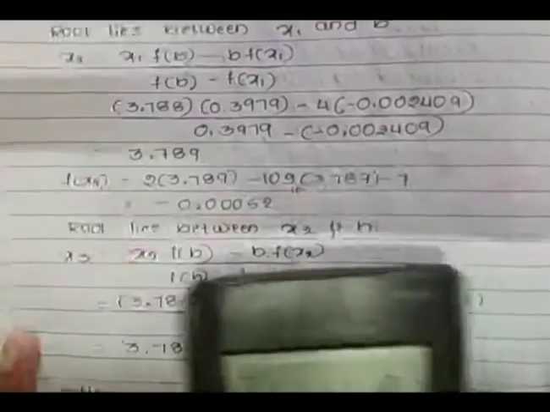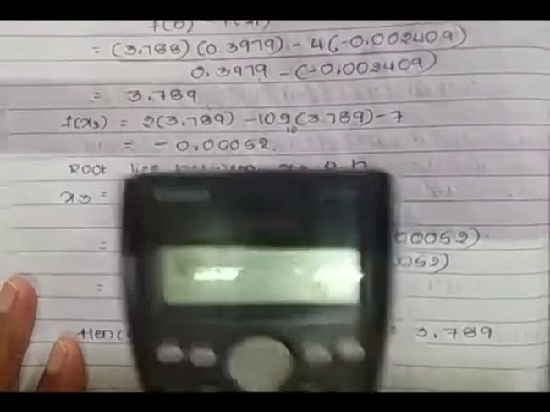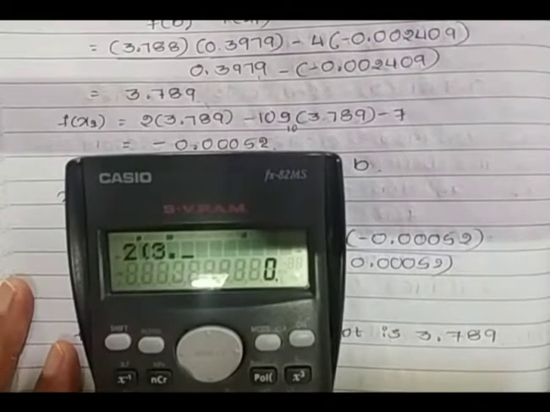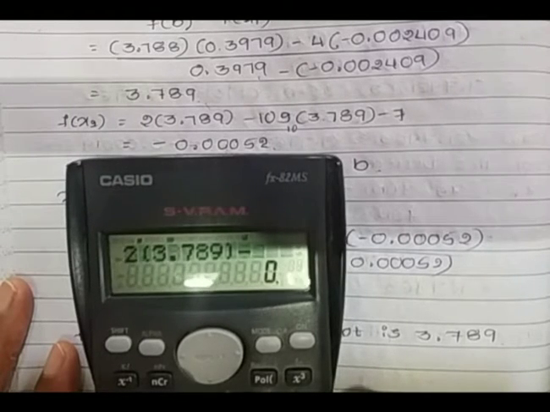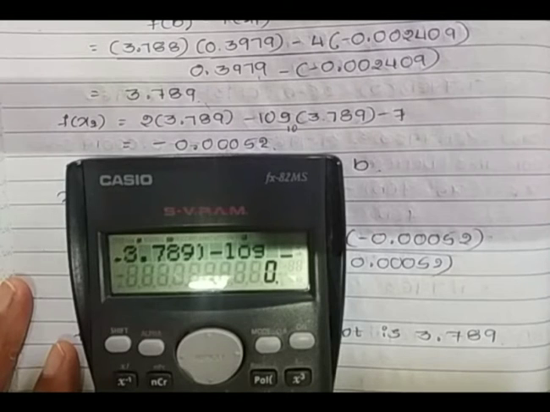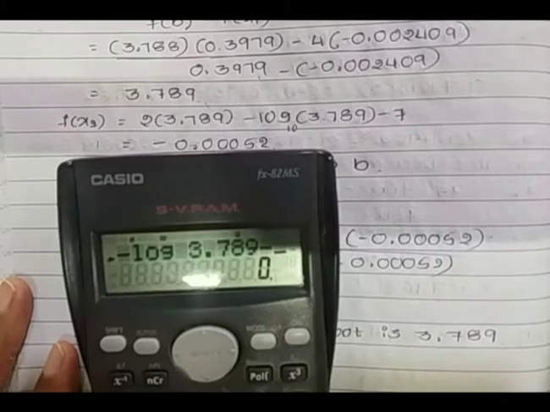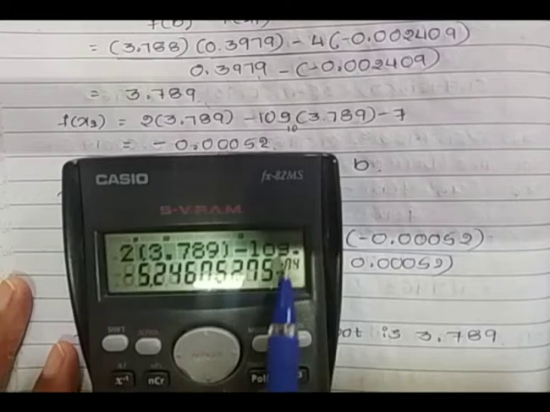Again using the calculator, if we calculate, first we have 2 into, in bracket we have 3.789, complete the bracket, then minus log to the base 10 it is, therefore consider directly log. So log 3.789 minus 7, which gives us minus 5.24 and so on, into 10 raised to minus 4.